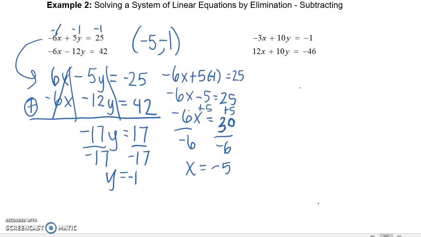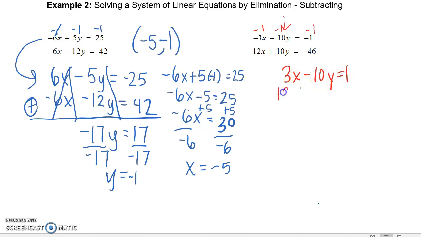Okay, we're back with the second example. If you notice, our y values are the same, so we're going to multiply one of them to make sure we have opposites. So I'm going to put a -1 times -1 times -1. So that first equation is going to be 3x minus 10y equals +1.